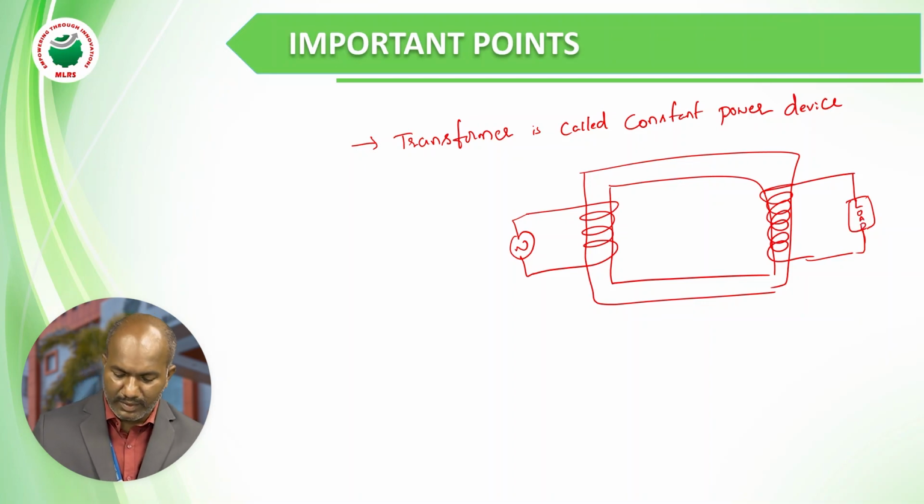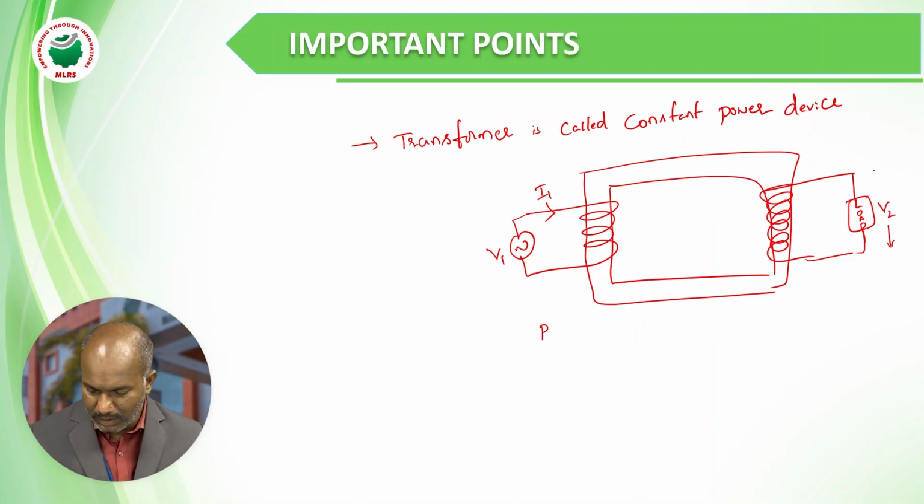Constant power device means, see, let us suppose V1 is the supply voltage and I1 is the current flowing in the primary winding, and V2 is the voltage across load and I2 is the current flowing in the secondary winding.